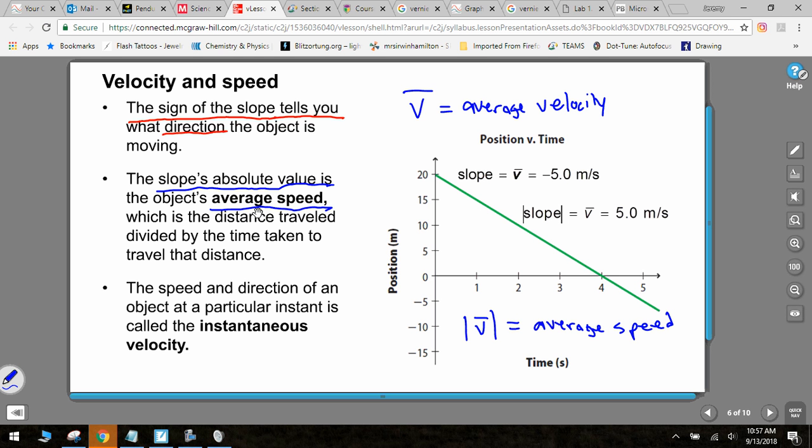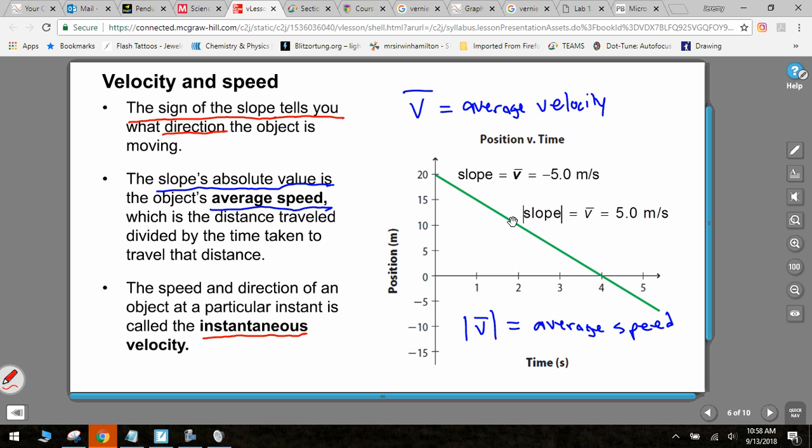The last thing, we already talked about this word instantaneous, right? Instantaneous means what? At an exact time. So like I could say the instantaneous velocity right here, and it's whatever the slope is at that exact point. Now to really get that slope, you would probably need some calculus.